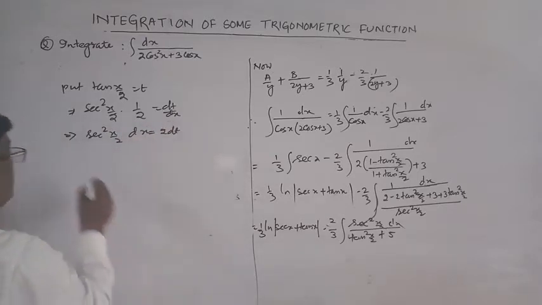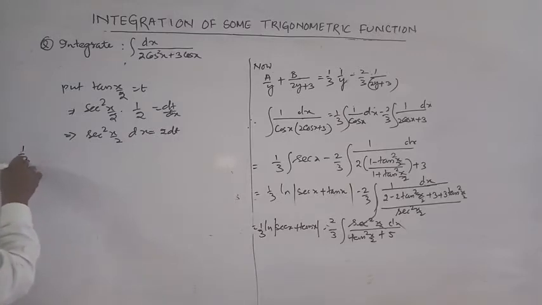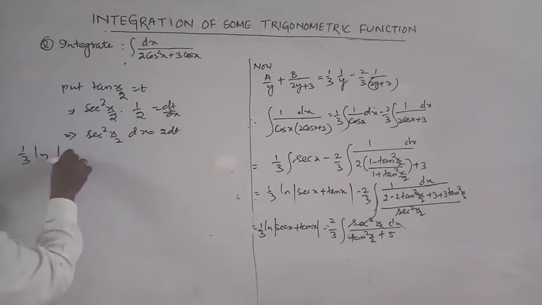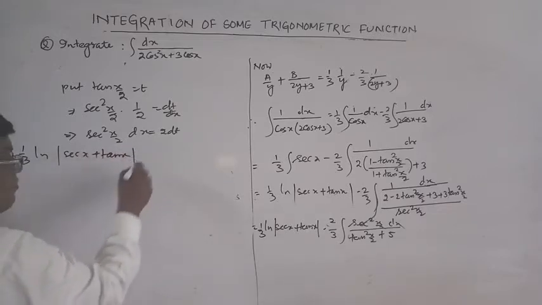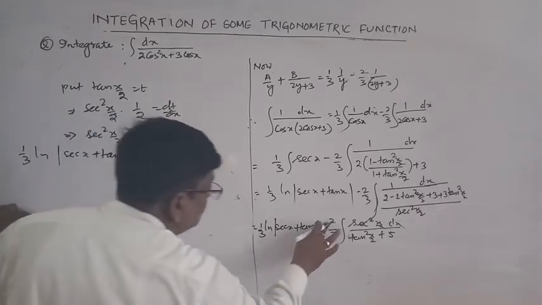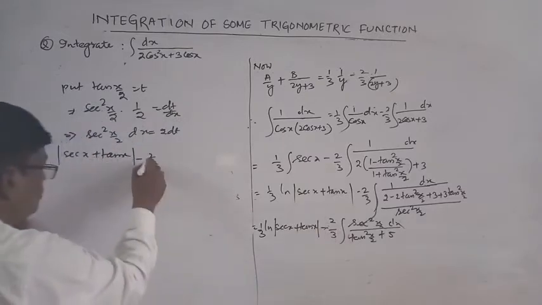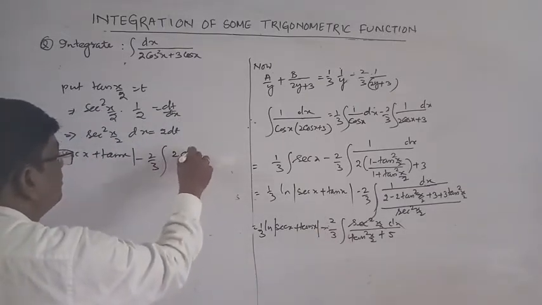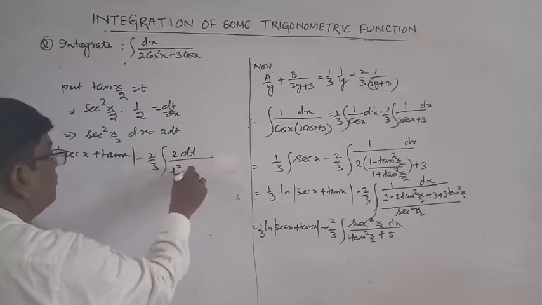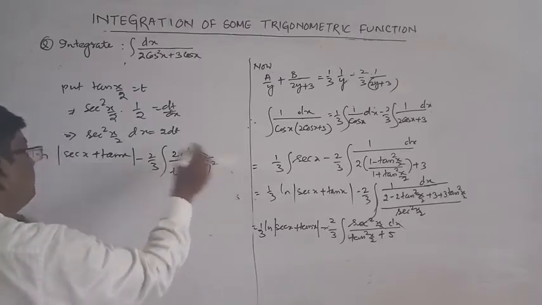So this is 1 by 3 ln of sec x plus tan x minus 2 by 3 into 2 dt by (t square plus root 5 whole square).